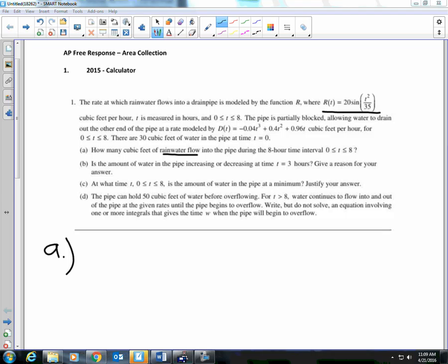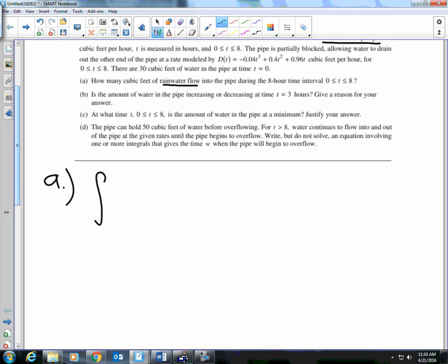Antiderivative, you set up the integral. Very good. So let's do that. We've got the integral of the rate. What's our time period?